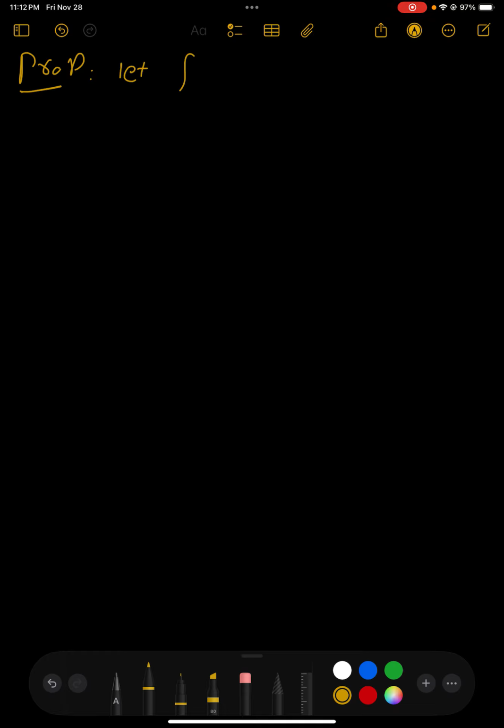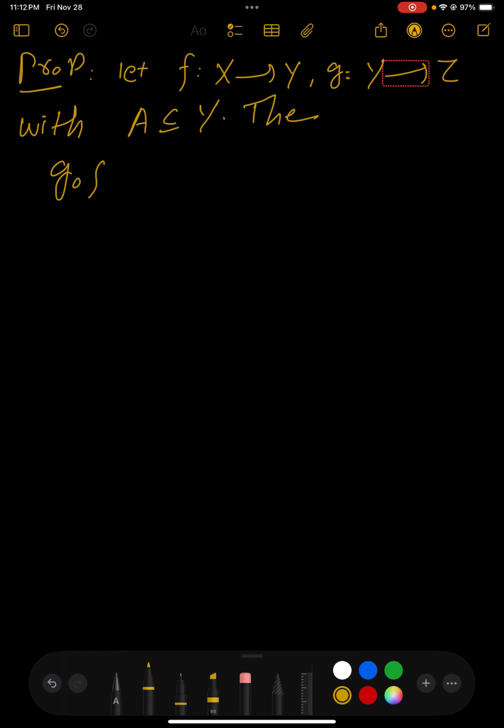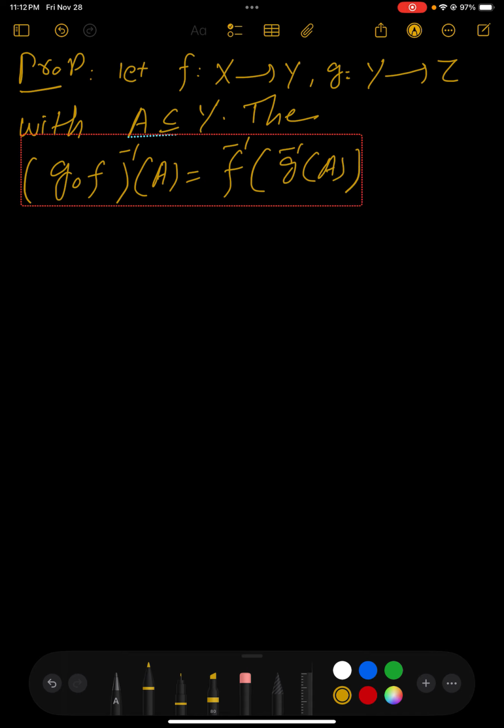Let f from X to Y and g from Y to Z, with A again a subset of Z. Then the inverse image of A under the composition g of f is nothing but f inverse of g inverse of A. Sorry, this A is definitely a subset of Z, very obvious.